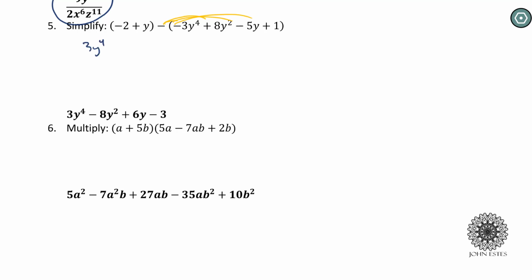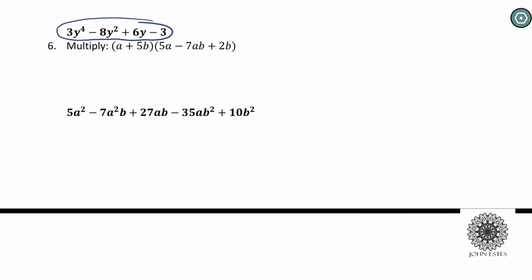I don't have any y cubes, but then I have a negative 8 y squared. For y to the first power, there's plus 5 and one more. That gives me a plus 6y. And then I have a negative 2 minus 1 ends up with negative 3. You see, once I do that, I get this answer. So they're just making sure we can understand how to combine like terms and distribute negatives.